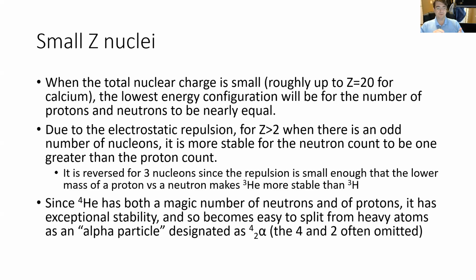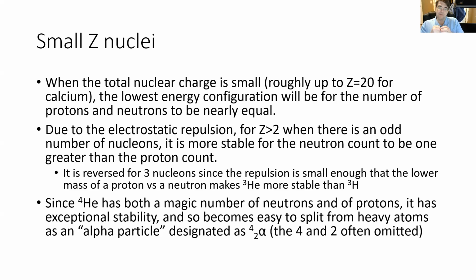Helium-4 has 2 neutrons and 2 protons, so it's a magic number of both. For that reason, whenever you have a heavy atom that wants to come apart some way, one of the easiest ways for it to come apart is to pinch off 2 protons and 2 neutrons together.